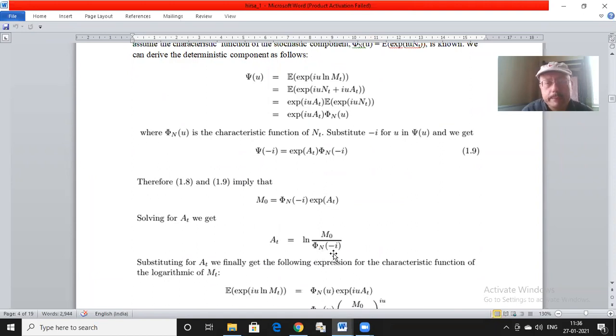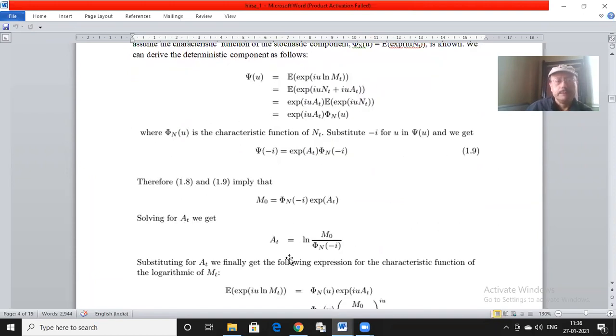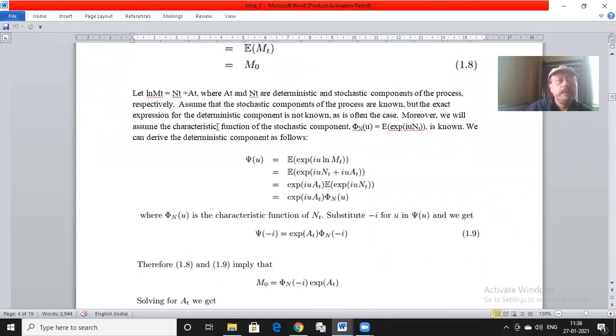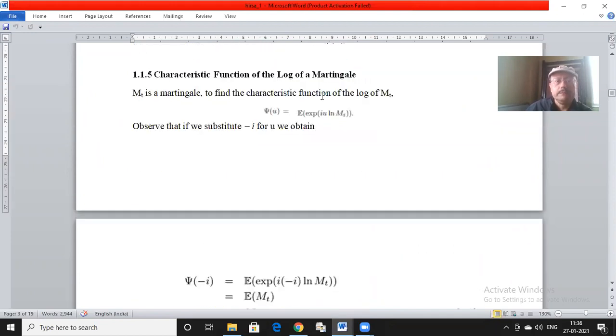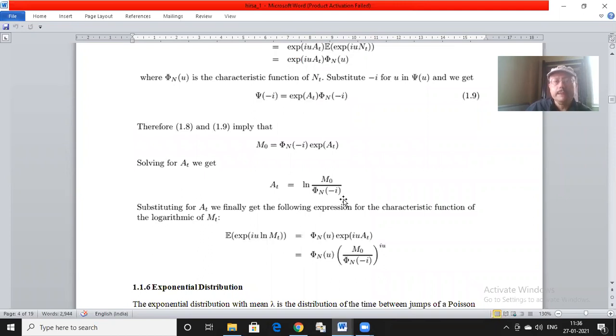So again, this is the same trick used over and over. But if I want to evaluate unknown deterministic parts, trend parts, this is a very easy model to handle, provided I know the model for the stochastic component. So the deterministic part in the log martingale, which is what we were studying, can be easily evaluated from this trick as this expression.